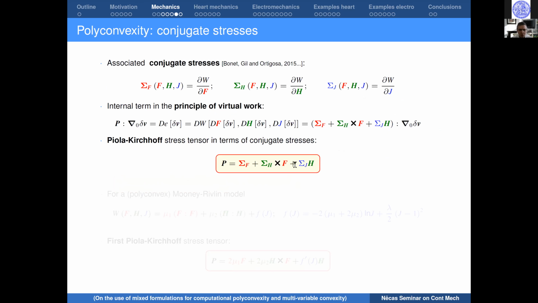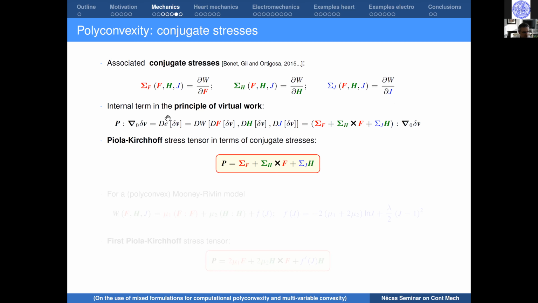Okay, so quickly, we introduced these conjugate stresses, which are basically the partial derivatives of the internal energy with respect to these three strain measures that I mentioned before: F, H, and J, and we call them sigma F, sigma H, and sigma J. And what we did is we derived the principle of virtual work by exploiting these three conjugate stresses.